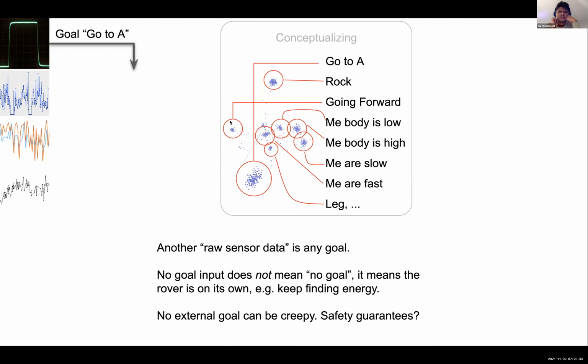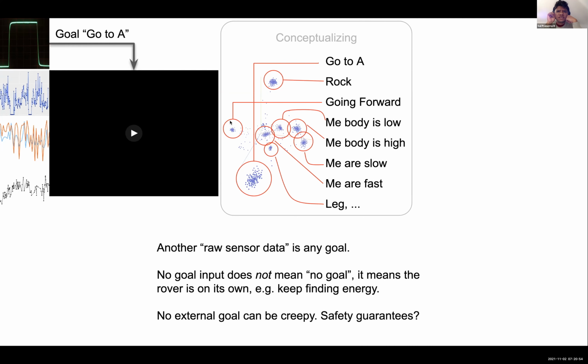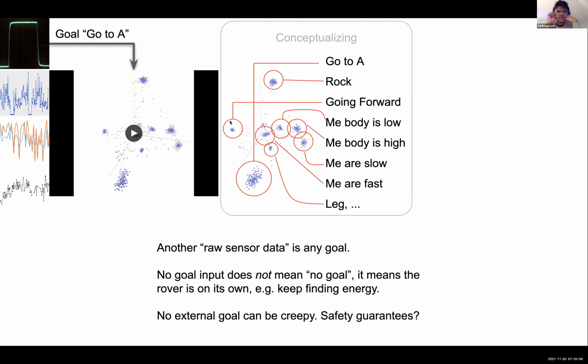One question: how are the signals being turned into a vector that could be reduced into some dimensionality here? Go to A seems to be an NLP command or audio signal or something like that, right? How is that turned into a single vector that could be put into the same space?